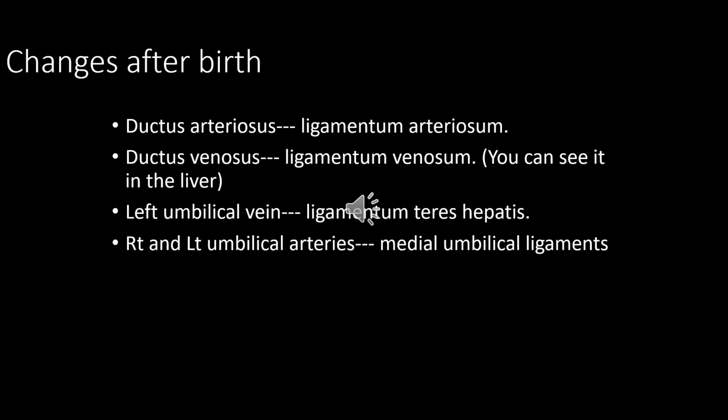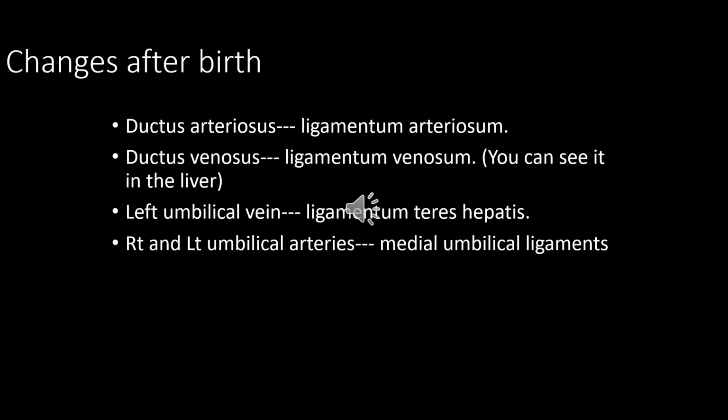Once the child takes the first respiration, the lungs start functioning, so the blood is returning to the left atrium, the pressure in the left atrium will increase, and this increase in pressure of the left atrium shall obliterate the foramen ovale, which later becomes the fossa ovalis.